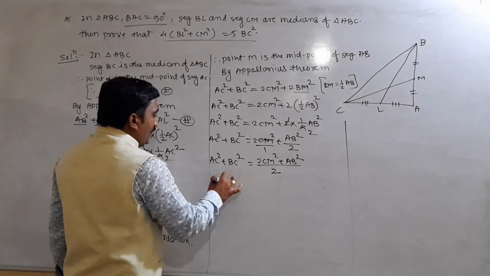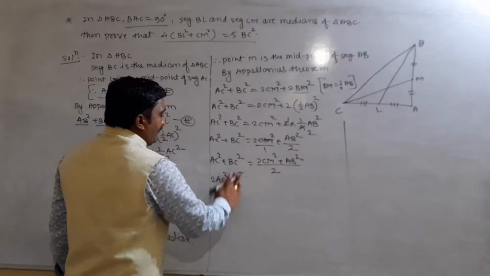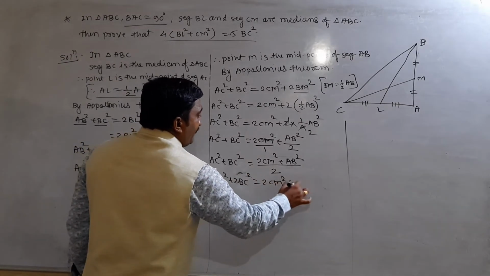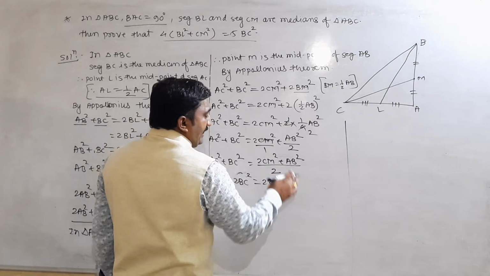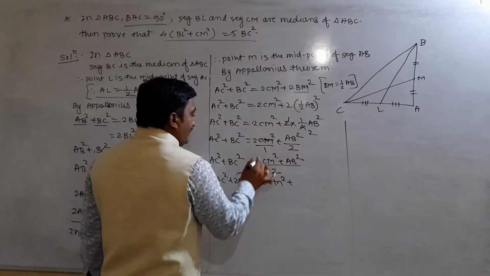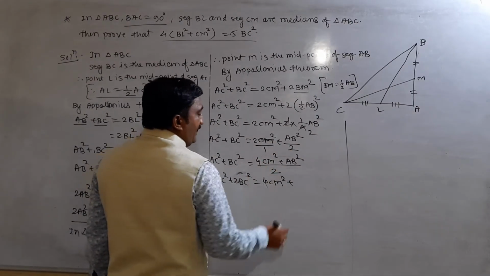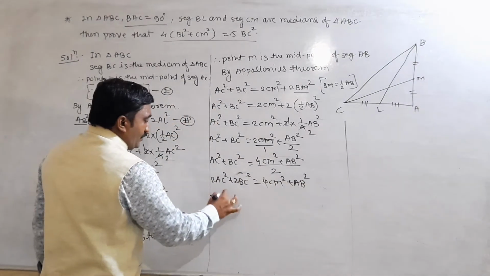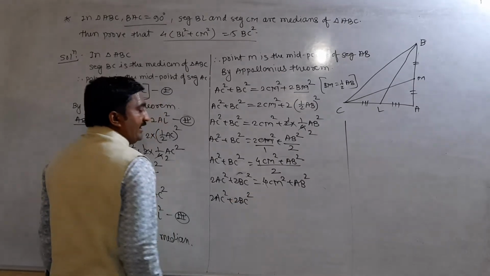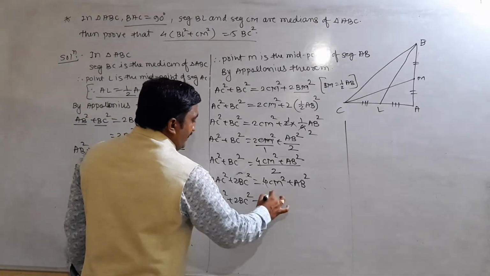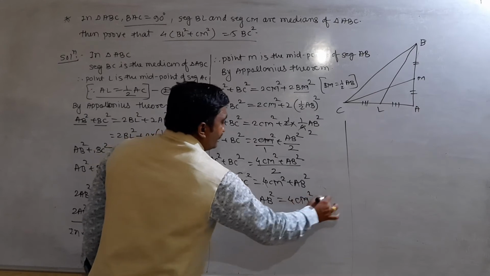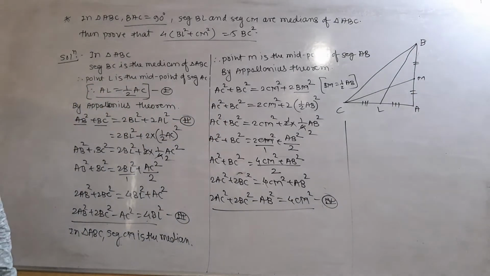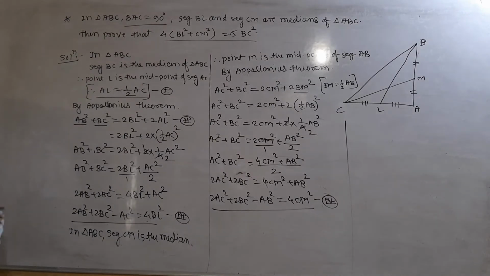Multiplying by 2, 2AC square plus 2BC square is equal to 2 into 2CM square, that is 4CM square, plus AB square. Then moving AB square across, 2AC square plus 2BC square minus AB square is equal to 4CM square. This is equation 4.